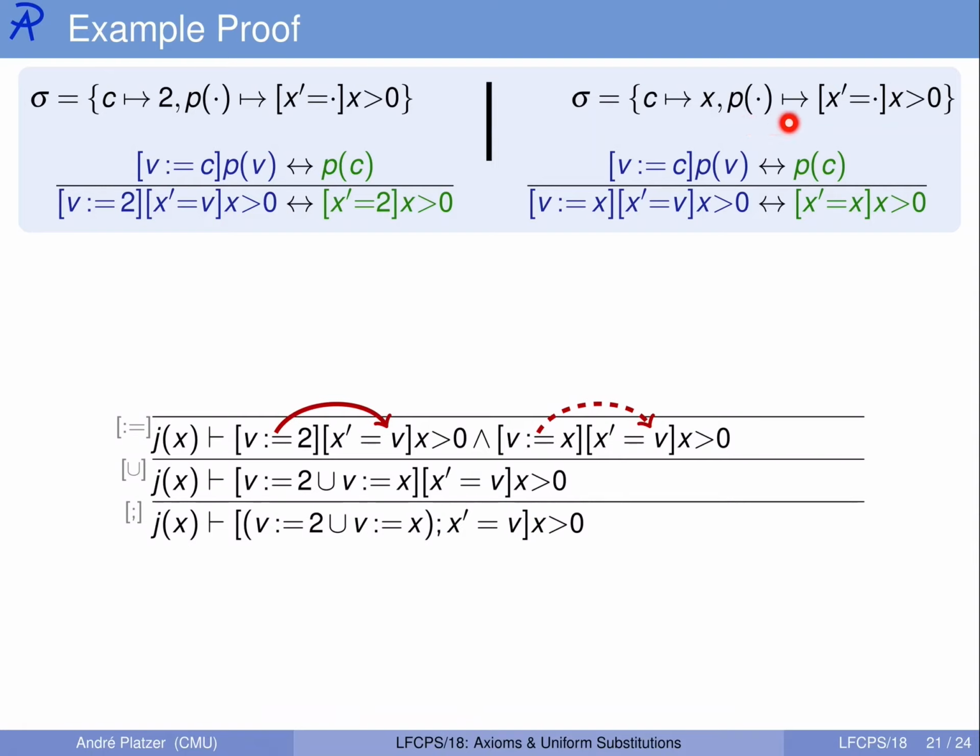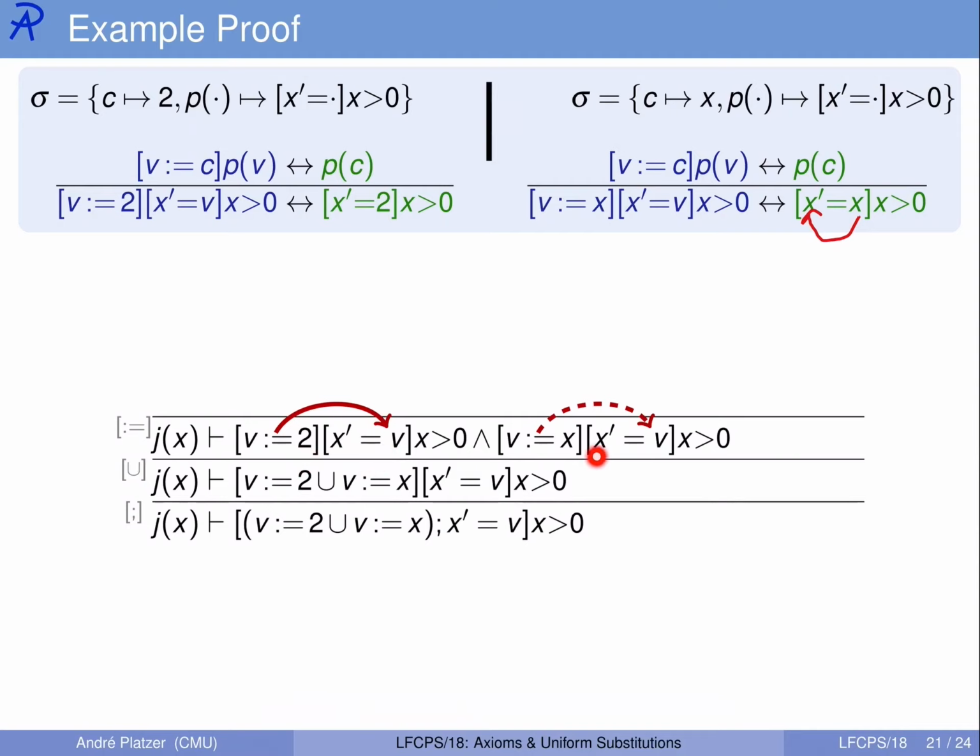So it will be the substitution that replaces p of the argument by x prime equals argument, x greater than 0, except for the subtleties on this side. P of c will be p of x, and trying to sneak in x for the argument in this context would be totally bad, because this x is actually bound in the differential equation x prime equals. So it would be referring to a different value than it had initially. And of course, that is very important as well, because this is a constant differential equation, follow with slope x prime equals 2.